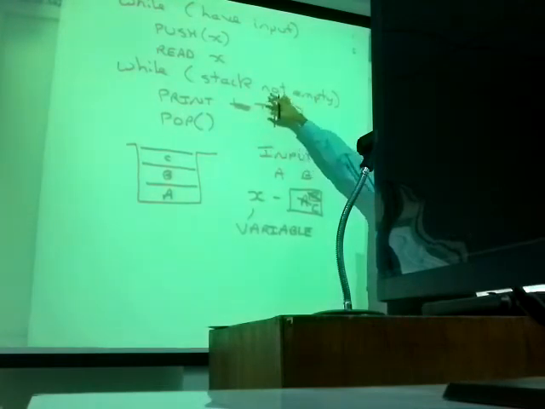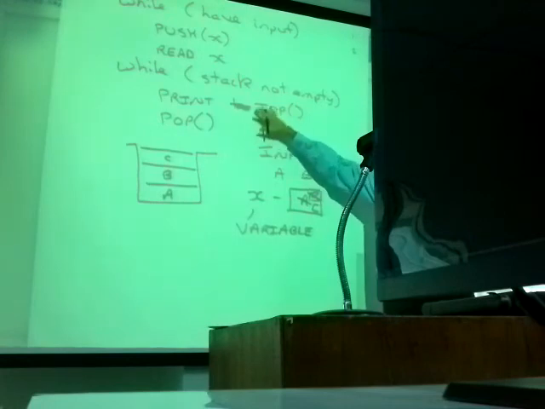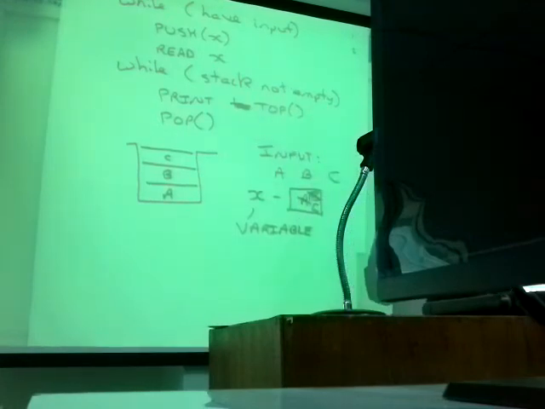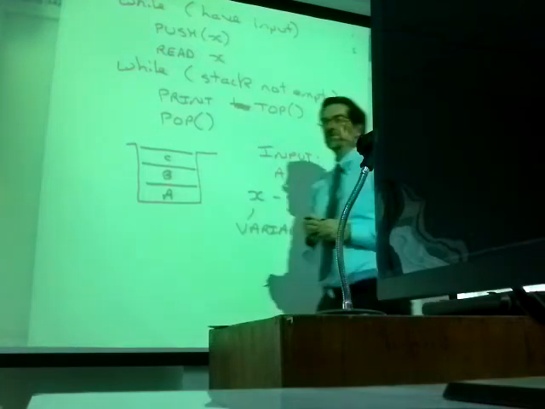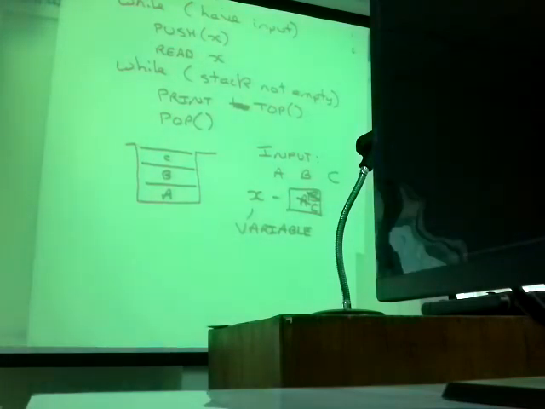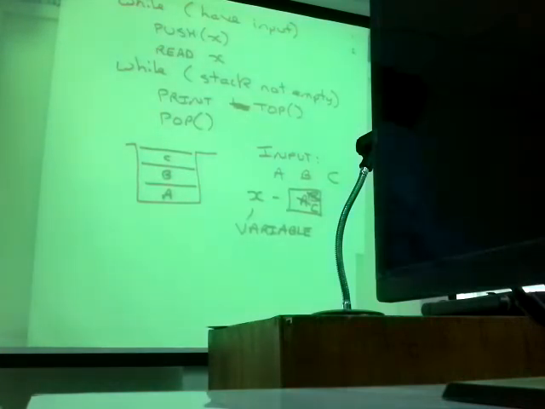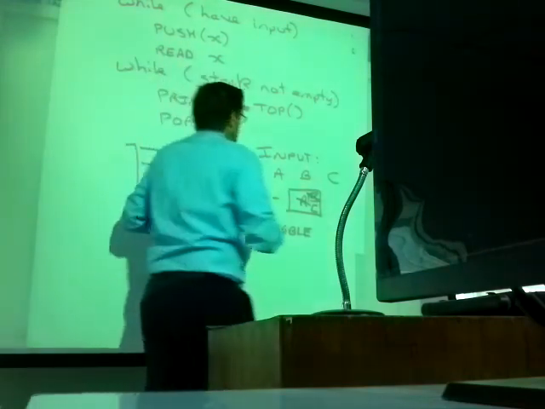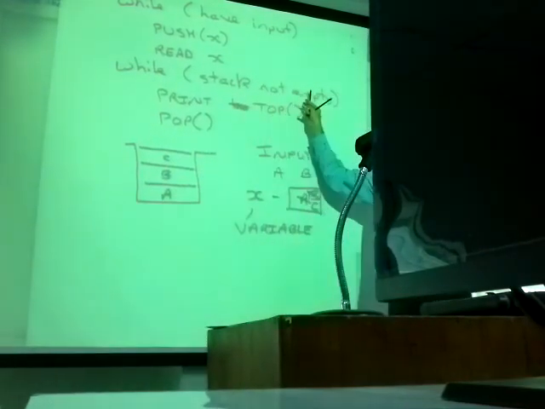So then we come to the second loop. Now, can you tell me what that second loop does? What values get displayed and in what order? So, is the stack empty?